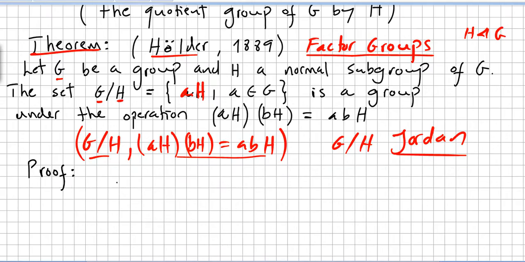So we do the proof, and first we have to show that this operation is well defined. I mean, if the factor group times the factor group into the factor group is actually a function.